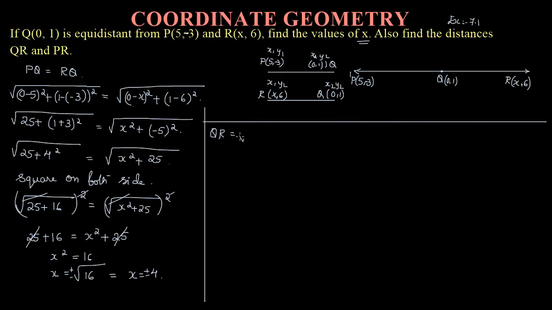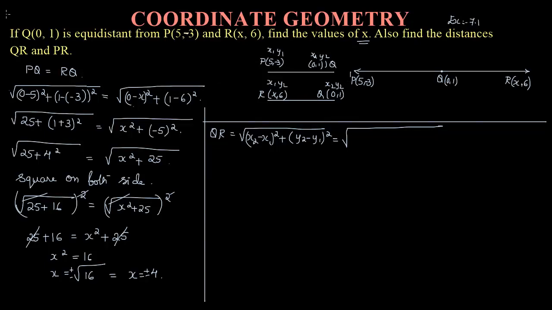So let us find the distance between these two points QR: the square root of x2 minus x1 the whole square plus y2 minus y1 the whole square. Then what are you remaining with? Now if this is your x1, x2, I have already written here.